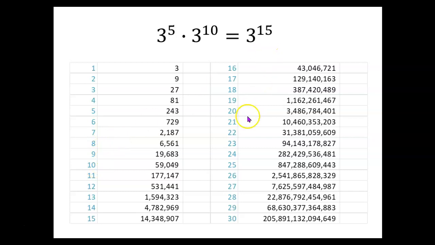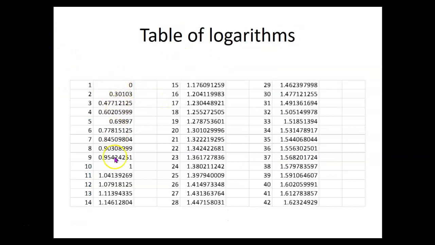And in fact, this property was very useful back in the days before calculators and computers. For centuries, before people could just pull out a calculator or a computer to multiply two big numbers together, if you wanted to multiply two big numbers without sitting down and multiplying it all out with pencil and paper, one thing you could do is get a table of logarithms, something that looks a little like this.